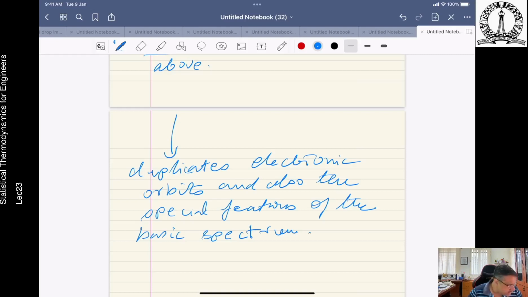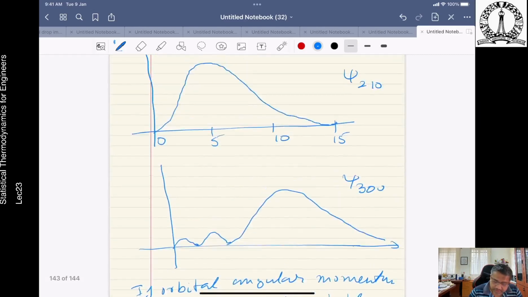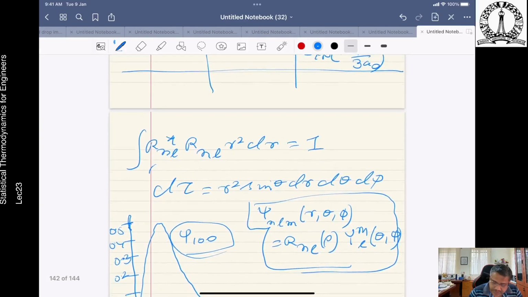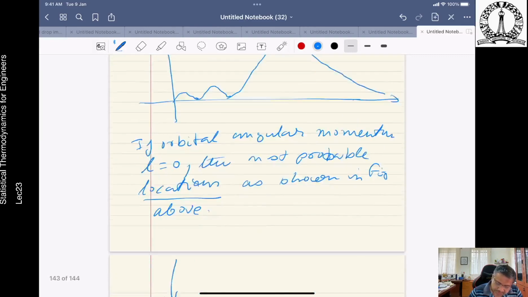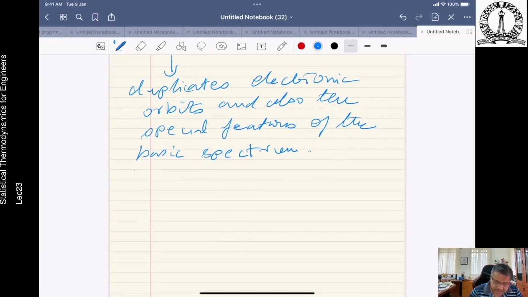But obviously this adds more value, because now you can see how the wave functions will look for different types of quantum numbers. So that is very interesting, and it adds value to the basic model that was suggested by Niels Bohr.